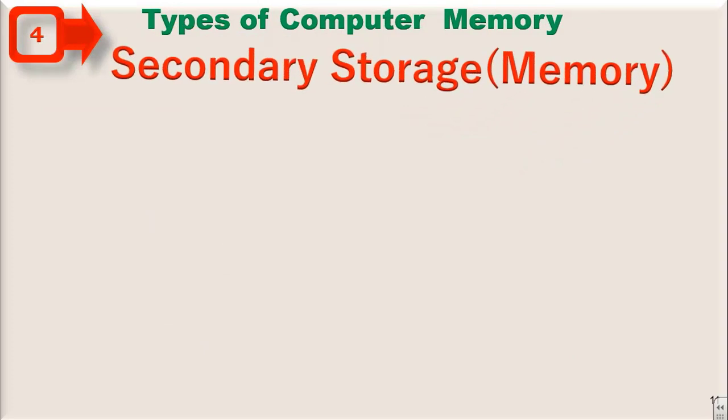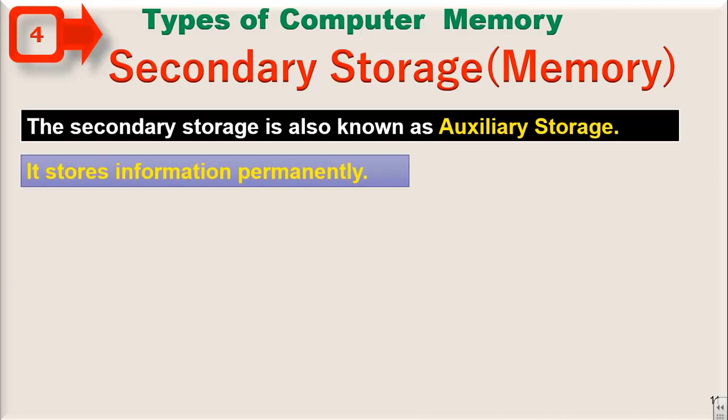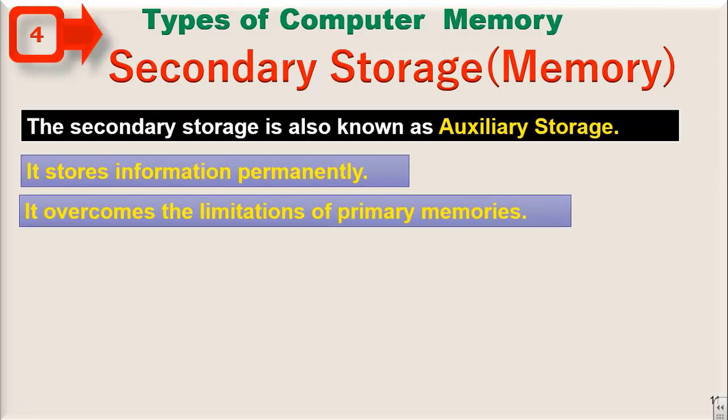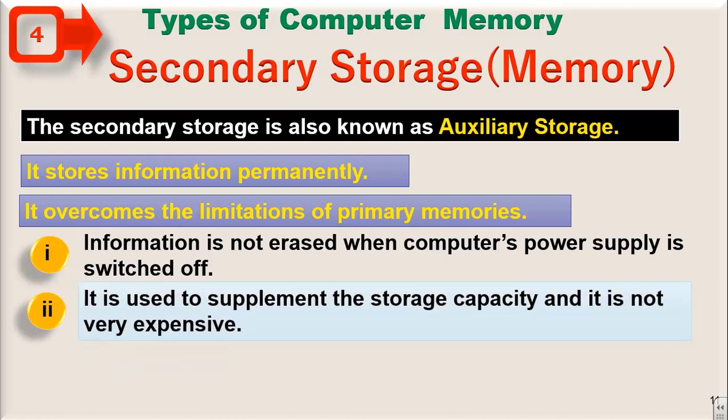The secondary storage is also known as auxiliary storage. It stores information permanently. It overcomes the limitation of primary memory, which is in small quantity, but this secondary storage is in bulk. In the secondary storage, information is not erased when the computer's power supply is switched off. It is used to supplement the storage capacity and it is not very expensive.